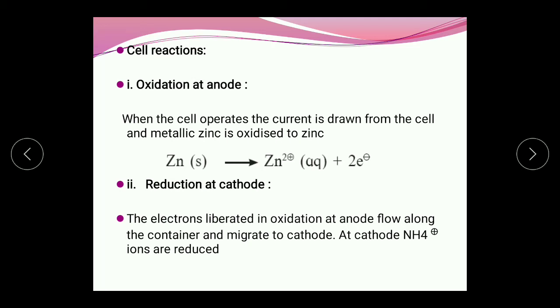At the cathode, NH4+ ions are reduced. What is the electrolyte? It is a paste of NH4Cl and ZnCl2. Out of that, NH4Cl, when in the form of paste, gets converted into ions, that is NH4+ and Cl-. Those NH4+ ions at the cathode accept the electrons and get reduced to ammonia.